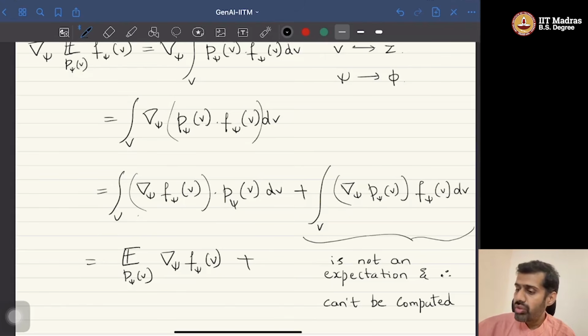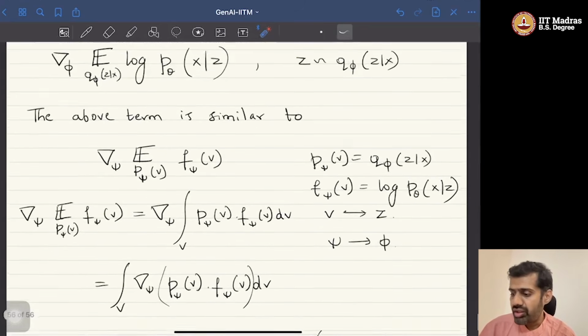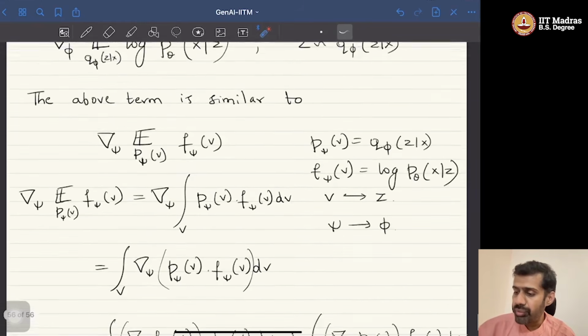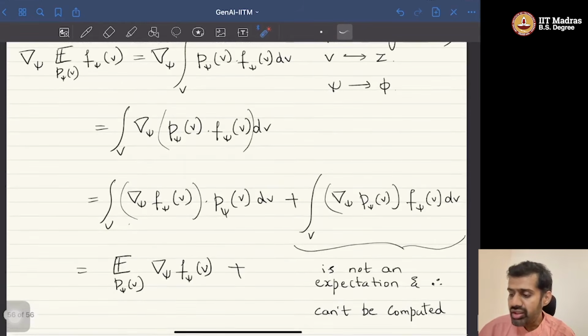The first term can be evaluated because in the current scenario our f function is log p theta of x given z, we can compute the gradient of that, and we can obtain samples from the distribution q phi of z given x. So this expectation can be computed using sample averages.